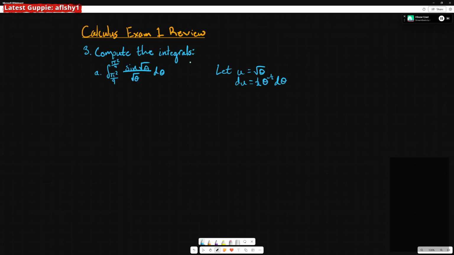Right? Let me get that a little less scrunched. So then we can take it and say 2 du is equal to theta to negative 1/2 d theta.